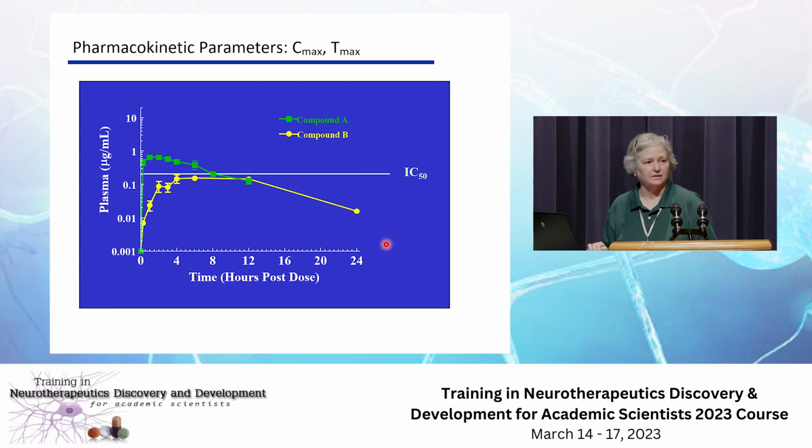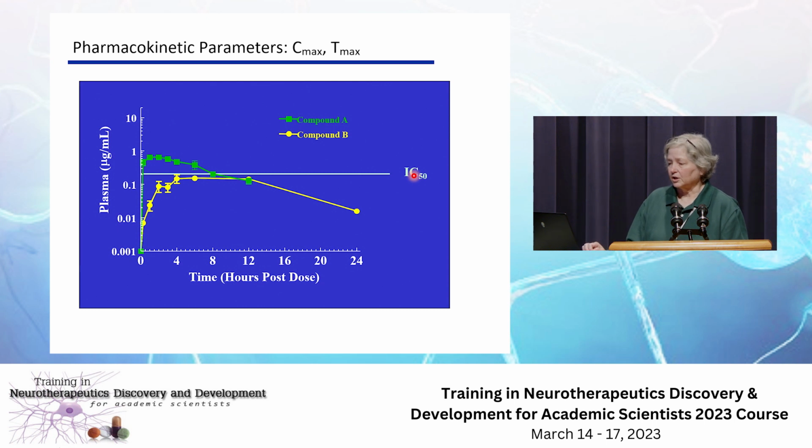It usually means that there's something different in the PK profile. In this case, compound B doesn't give concentrations high enough to exceed the IC50, so you probably won't see any efficacy. Compound A, on the other hand, does have concentrations higher than your target concentration. There'll be a higher probability that you'll see efficacy.